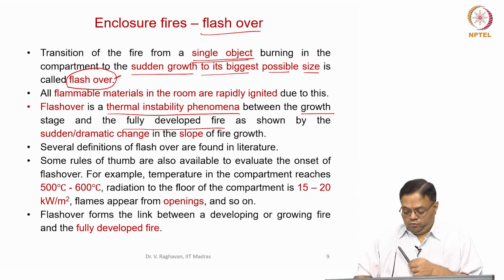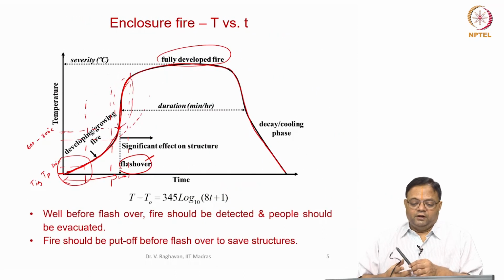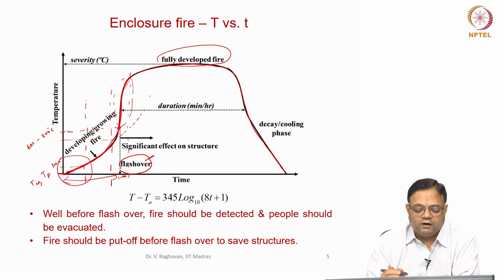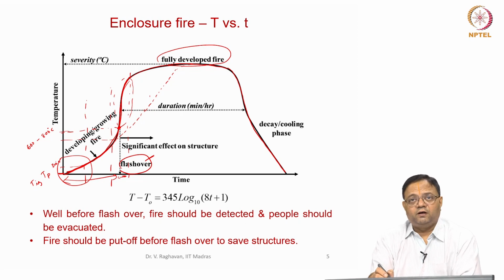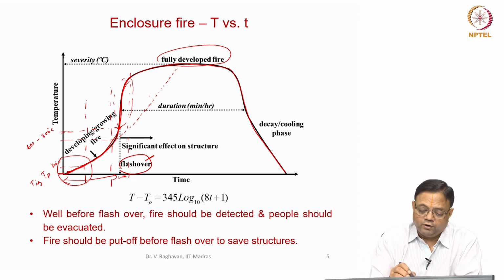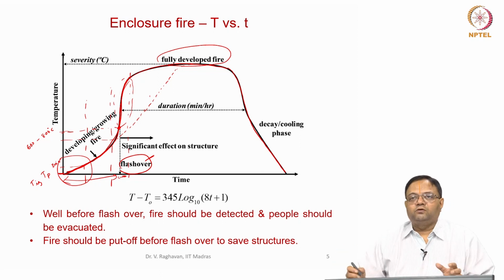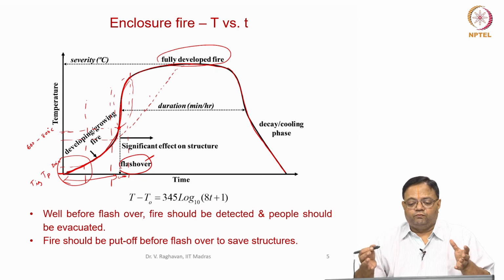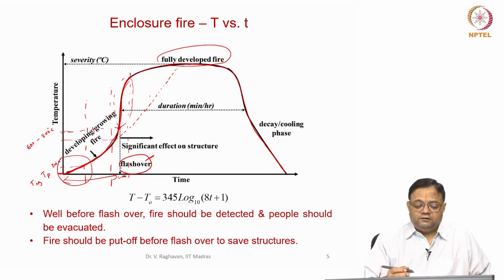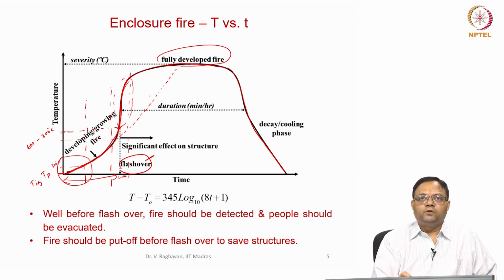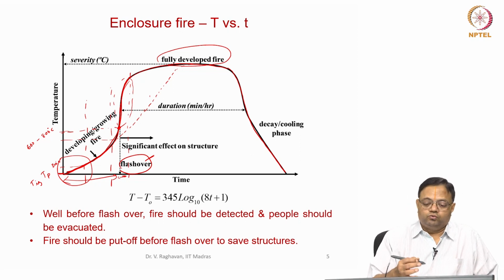In the graph, you can see that if the flashover doesn't occur, it is slowly going to the fully developed condition like this, where all the commodities are burning. Fully developed fire is one where all the commodities are burning. So if the flashover doesn't occur, all the commodities are ignited at a particular time itself, and slowly the fire grows. Or we can say that this sudden transition is not there. Maybe you put some controls to do this.